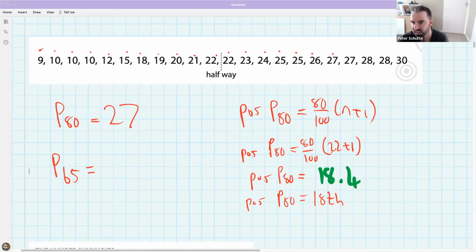Annie's asked, what if it's 18.5? Then you would round up, Annie. You would round up to 19. Yeah, the 19th position. Who has a question while other students are working on that?